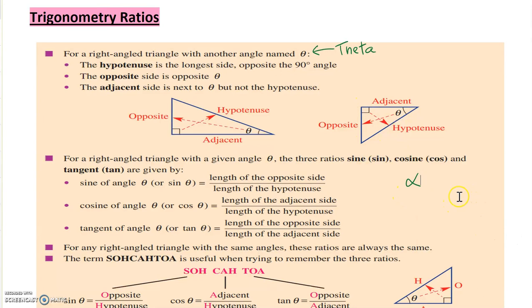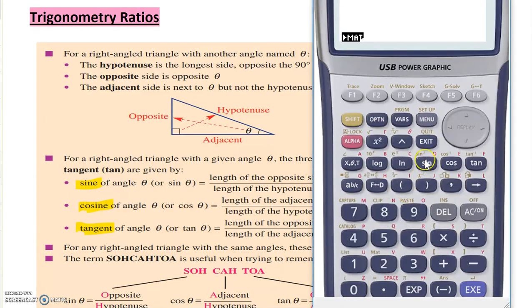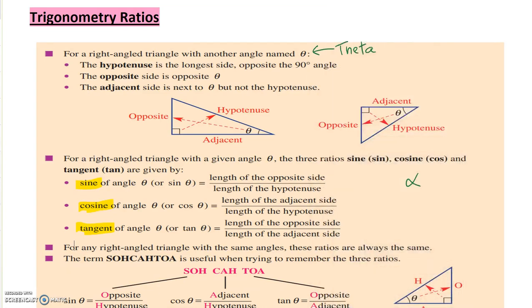The three trig ratios that we're going to talk about are sine, cosine, and tangent. I'm just going to quickly flip up the calculator to show you these. That one over there is sine, that is cosine, and that's tangent. Identify these on your calculator so you are familiar with them when we start doing questions.